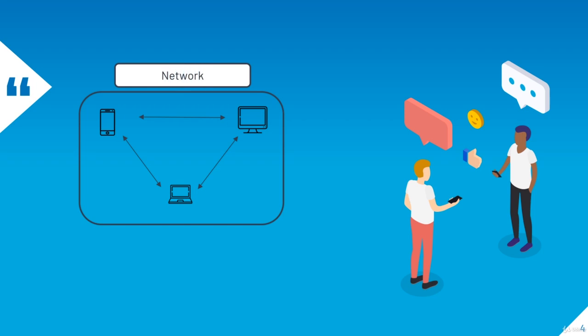Even if there is no internet connectivity, they will still be able to transmit data from one device to another in the same network if they are connected to the same router. I will explain what a router is, just bear with me. The same idea is that if they are able to communicate, they form a network, and this is usually called a local area network, or LAN, in simple terms.